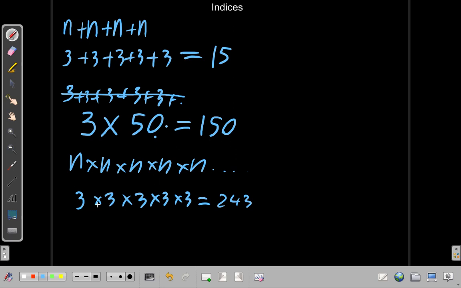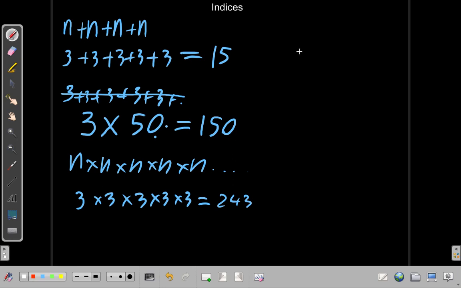Now, the short way of writing it is this. First of all, the number you're repeating in the multiplication is 3, so you have to write down the 3. The next thing is, how many 3's are there? Let me, running out of space, let me just write it up here. Use a different color.